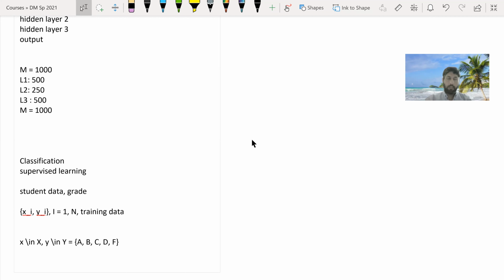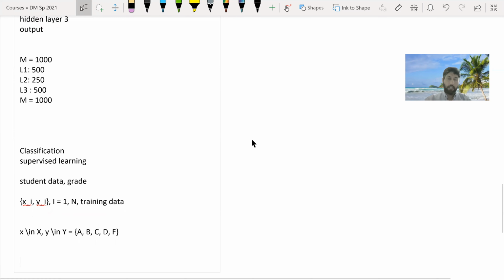So this is basically our problem setting. You have a data set of X and Y, which are all our examples, and X belongs, from a mathematical perspective, to all possible students who can take a course, and Y can take on a value from the set of grades. Given this, we want to learn a mapping function.